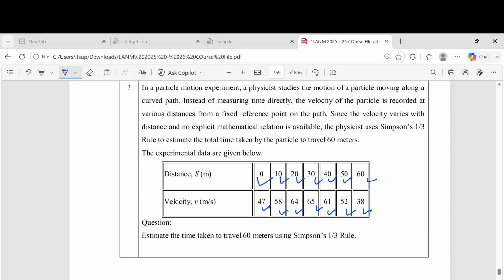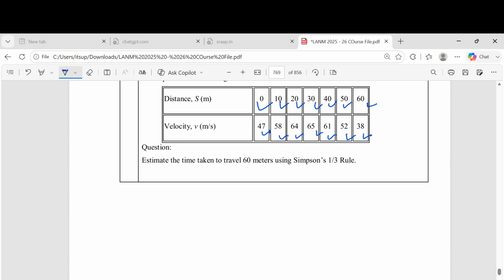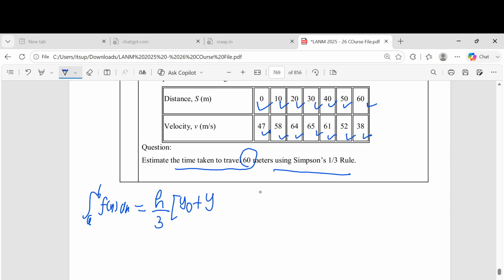So we apply the Simpson one-third rule. Estimate the time taken to travel 60 meters. So integral a to b f(x) dx is equal to h by 3 times y0 plus y6 plus 4 times the odd terms y1 plus y3 plus y5, plus 2 times the even terms y2 plus y4. This is y0, y1, y2, y3, y4, y5, y6.